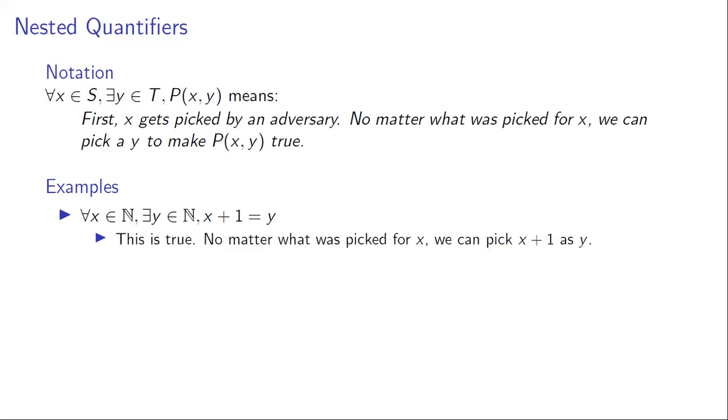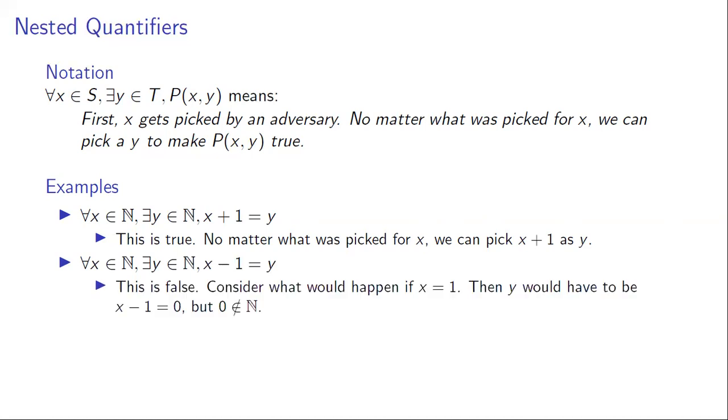No matter what was picked for x, we can always pick x plus 1 as y, and then it will be true that x plus 1 is equal to y. How about this? For all x in N, there exists a y in N such that x minus 1 is equal to y. What does this say? Well, this says that the adversary can pick any x, any natural number x. Then we will go ahead and find a natural number y such that x minus 1 is equal to y.